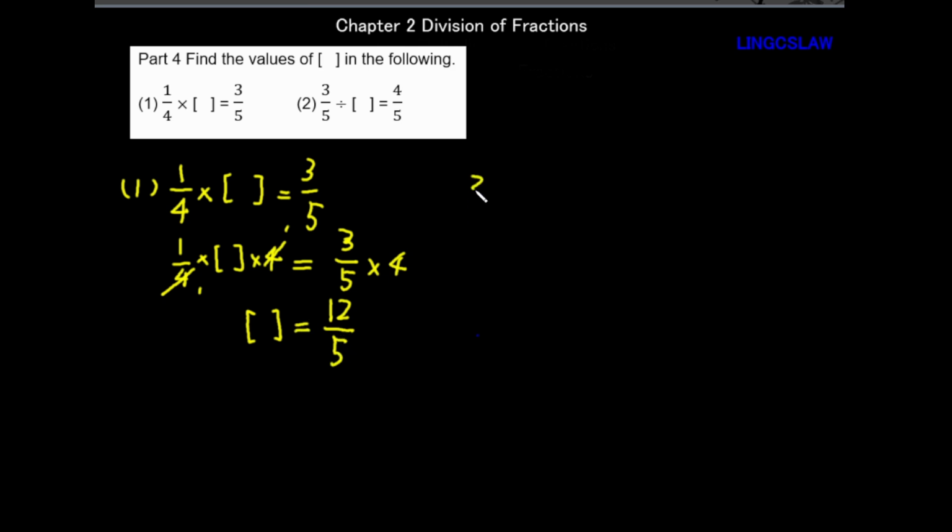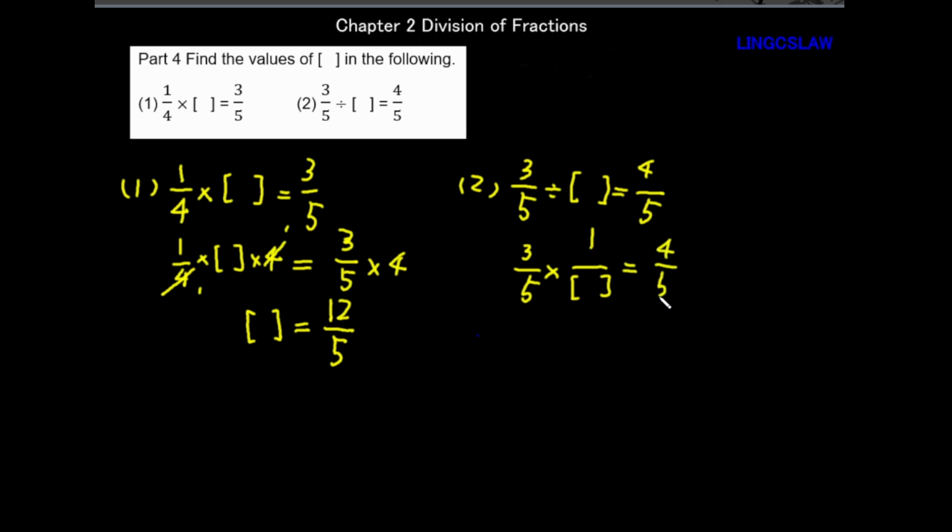Number 2, 3/5 divided by something equals 4/5. So first let's just calculate this times, because division is the same as multiplication of reciprocals. So I just write down the reciprocal of the original divisor.